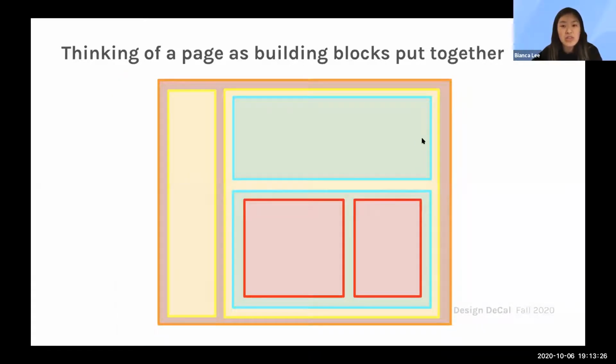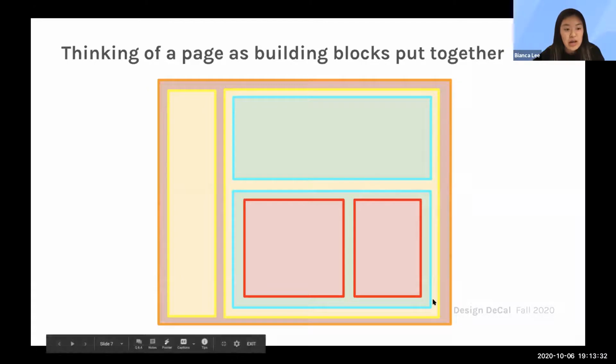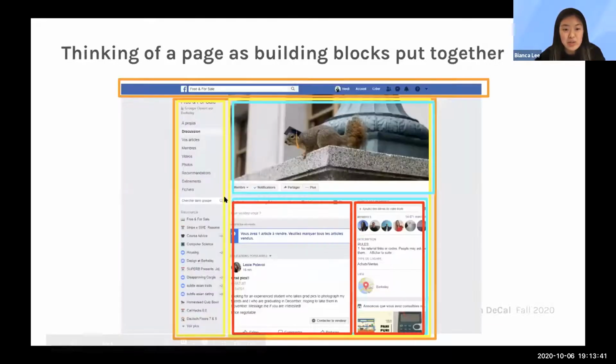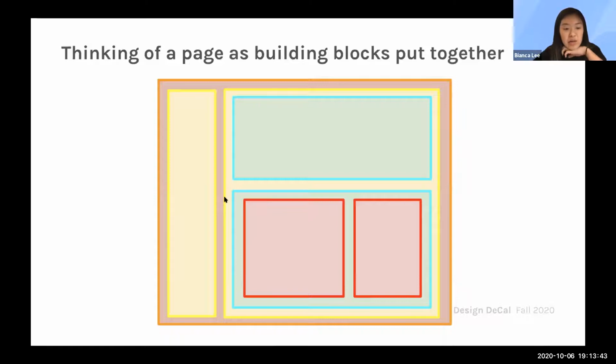Thinking of it as building blocks, the main page is the orange box, made up of the side column and the groups page, the two yellow boxes. Then we have the header and the page content, the two blue boxes. Finally, the newsfeed and the page details are the two red boxes.